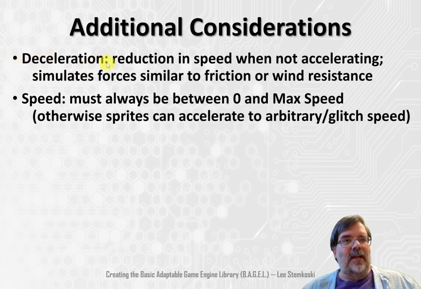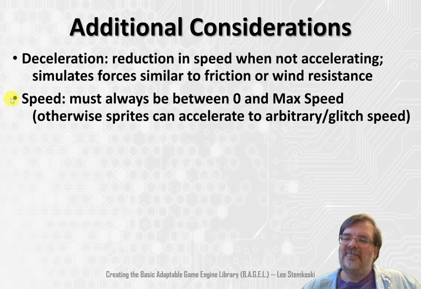We'll only apply this when we're not accelerating. So it's not a perfect physics simulation, but it will be good enough for our purposes. So deceleration will be some reduction in speed, and you can think of that as simulating some kind of a force like friction or wind resistance, or in this case of a turtle swimming, water resistance.